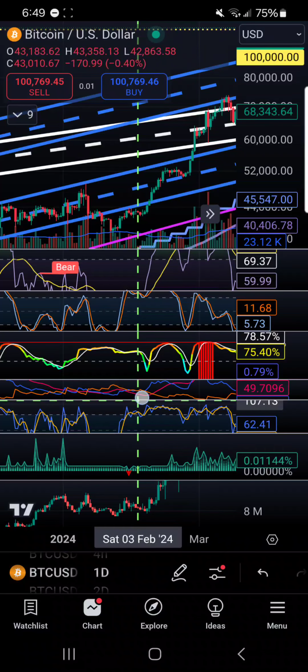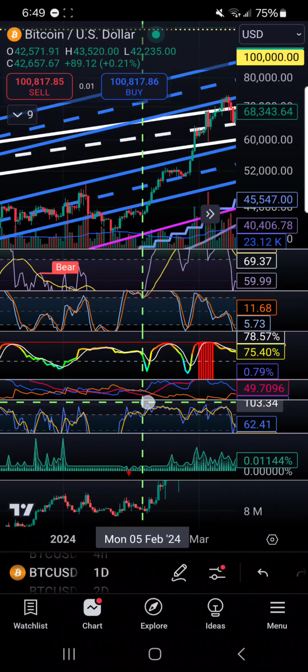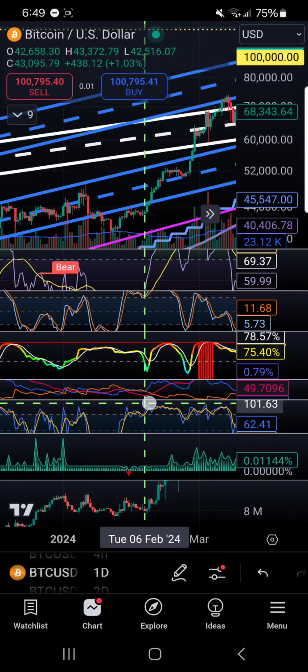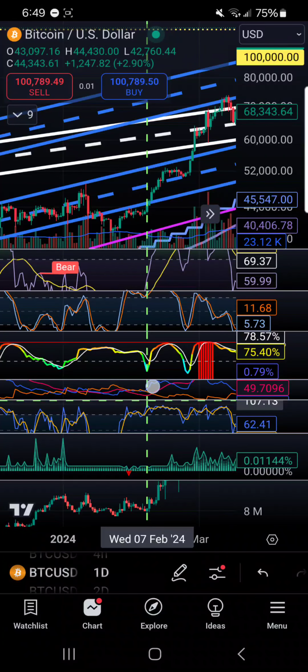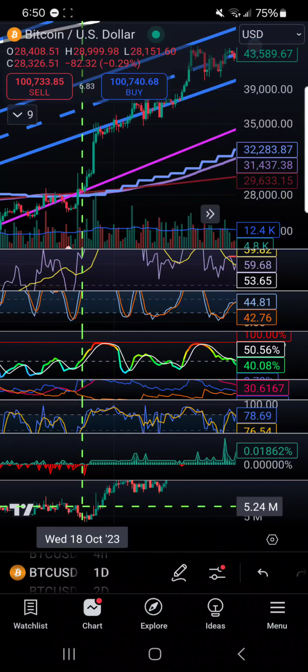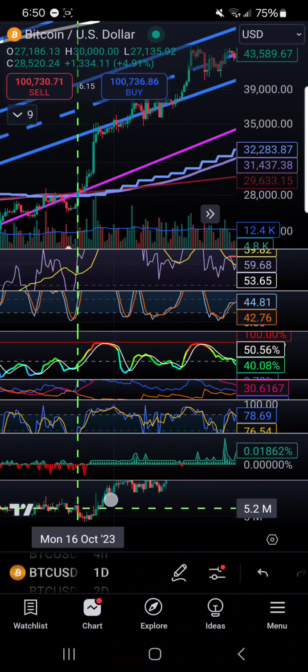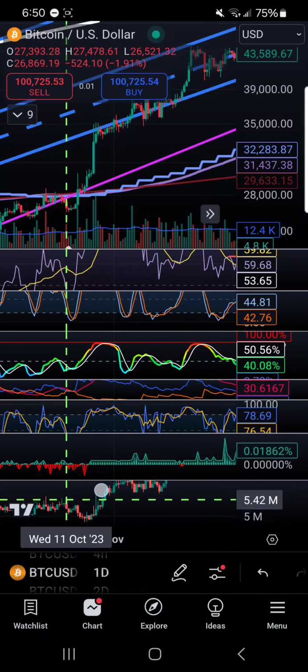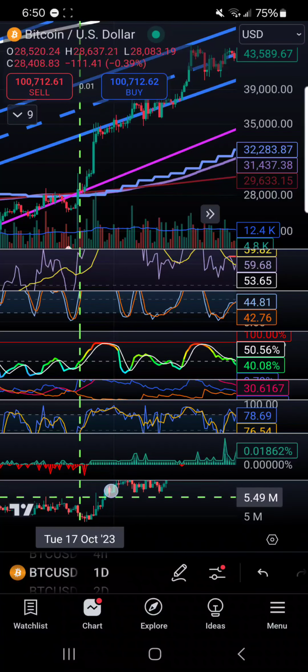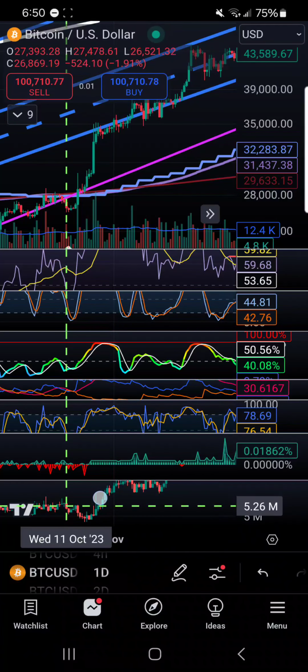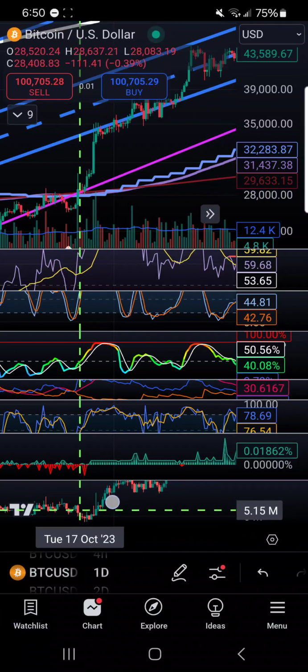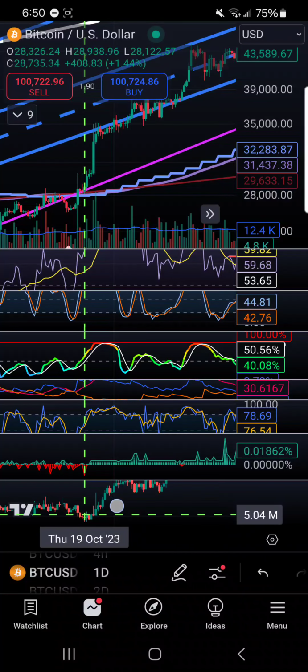And then here it started trending down before we started our move upwards again on the 6th of February. And you can see again around the middle of October 2023 when we started these big moves upwards, each time open interest was dropping off heading into the move.